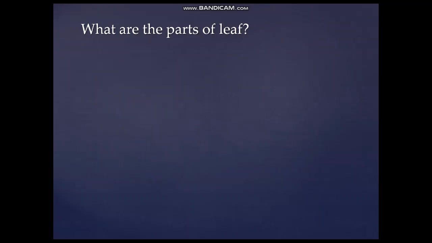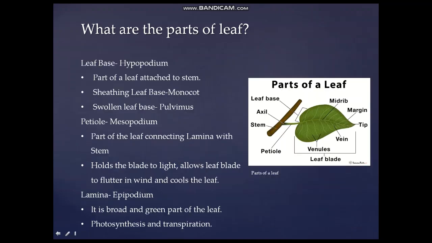So now the question is raised, what are the parts of leaf? Parts of leaf comprise number 1, leaf base, also known as hypopodium. It is the part of the leaf attached to the stem.